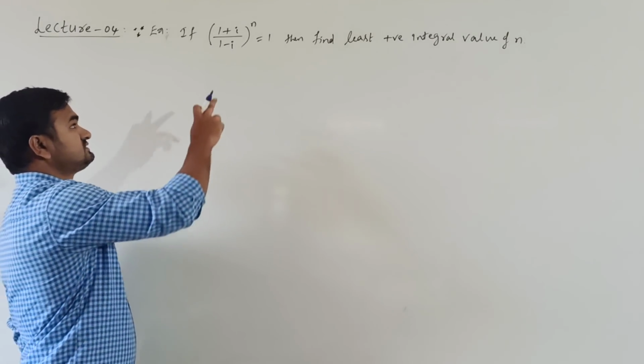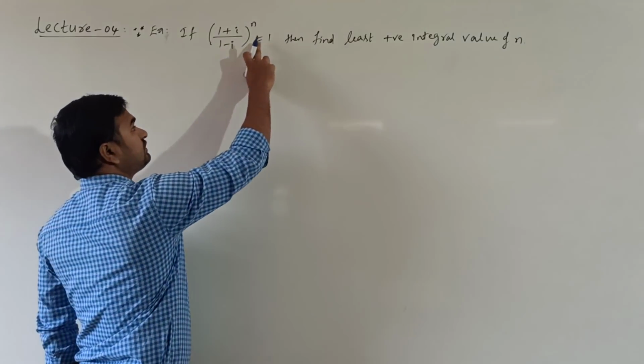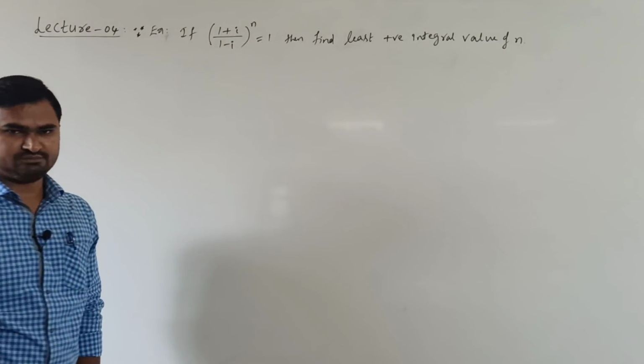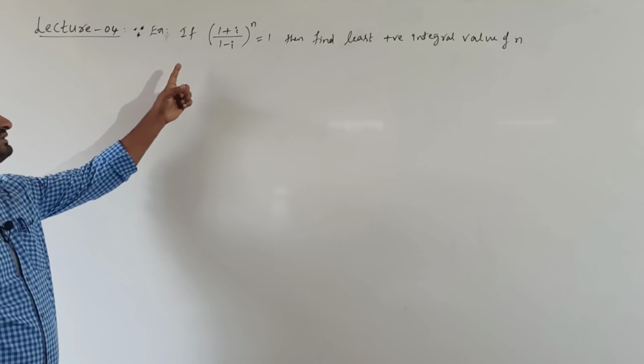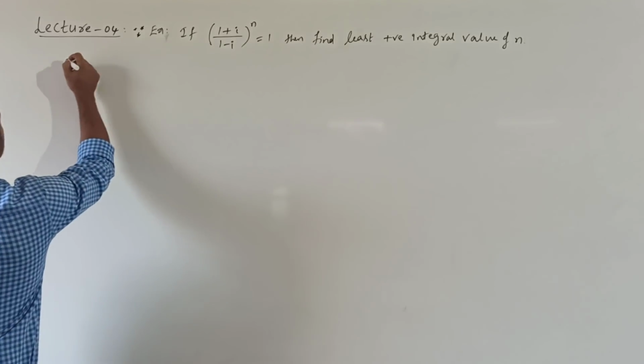So what should n be so that this value will be equal to 1? Observe that this is equal to 1, which means it is a real number. So solve it.